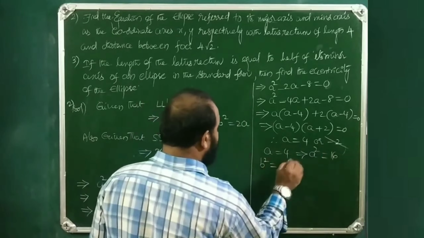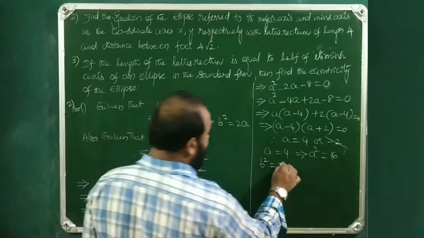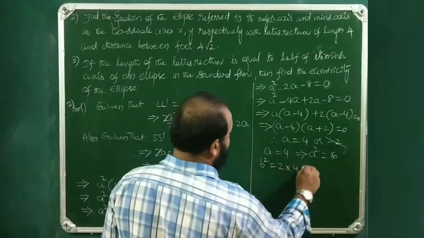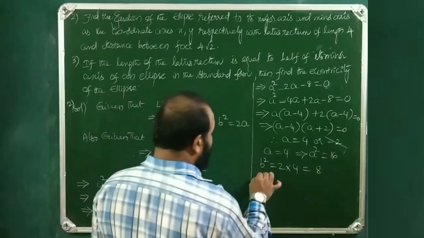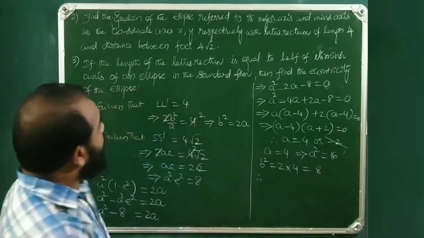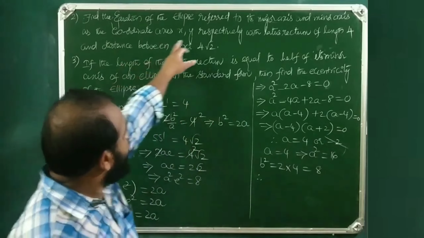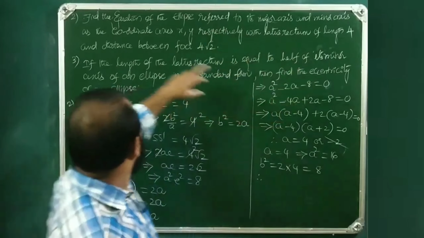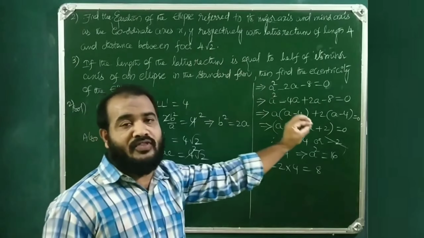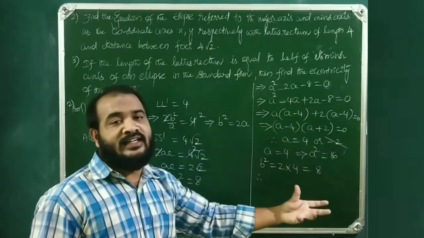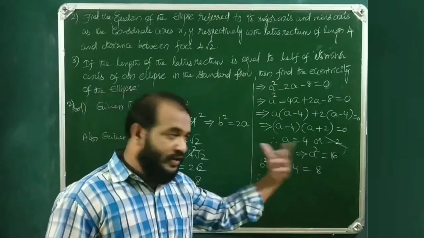And what is b square? b square equals 2a, 2 into 4 is 8. Therefore, the equation of the ellipse referred to its major and minor axes respectively is the standard form of the ellipse whose center is at the origin.